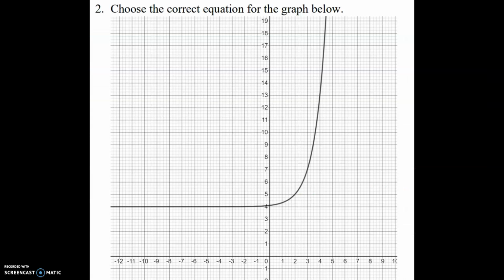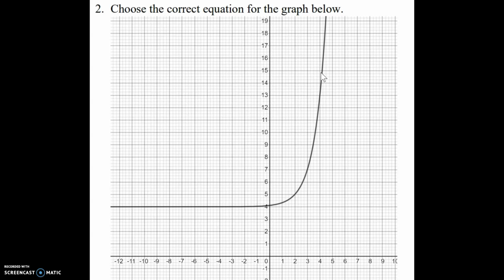So now let's look at this one. Notice the horizontal asymptote is y is equal to 4. Okay, so the first thing that we need to do is take our key point and add 4. Well, do I add the 4 to the 0 or to the 1?